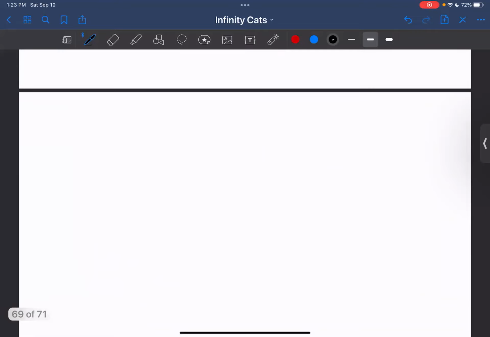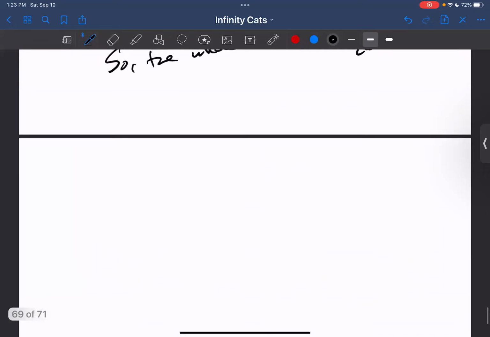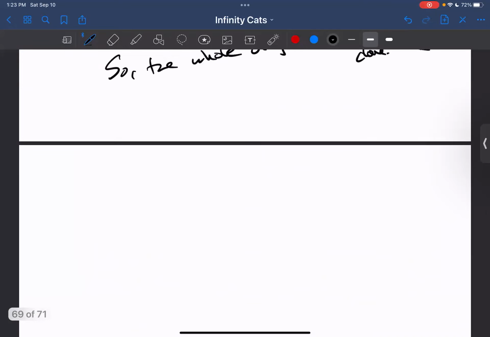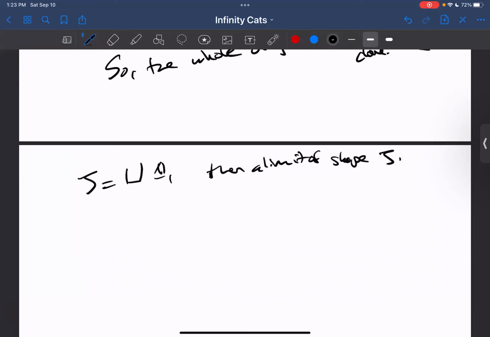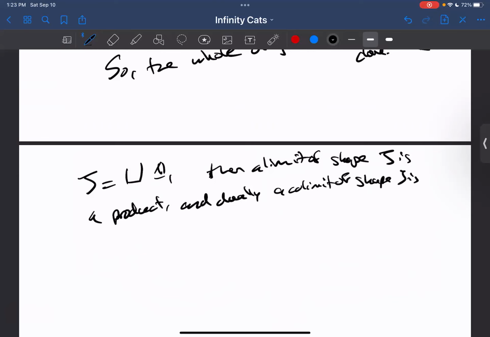Okay, we only have a few minutes left, so I don't want to start anything too new. So let's just talk about basic kinds of limits. If J is some coproduct of the terminal element 1, then a limit of shape J is a product, and dually a colimit of shape J is a coproduct.